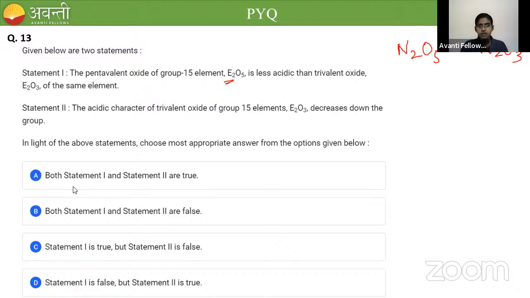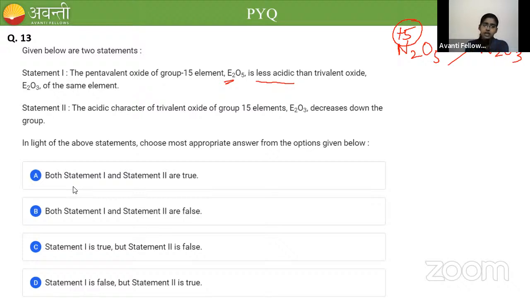In statement 1, they are saying that E2O5 is less acidic than E2O3. Just a few minutes ago we discussed that the element having the highest oxidation state is more acidic. In N2O5, the oxidation state of nitrogen is +5, and here it is +3. So N2O5 has the highest oxidation state, so that is more acidic. N2O3 is less acidic. So it is given the other way around.